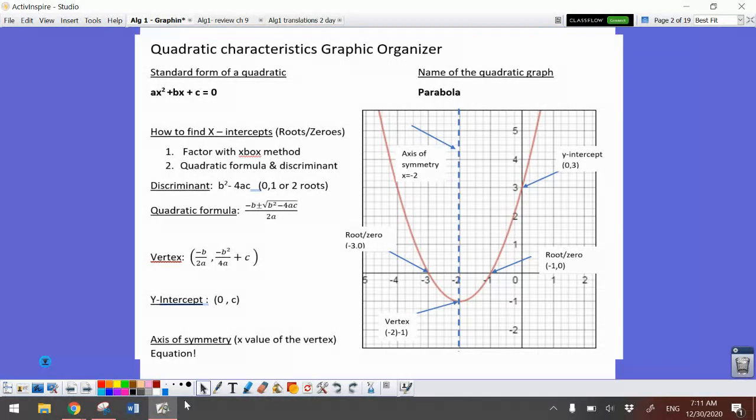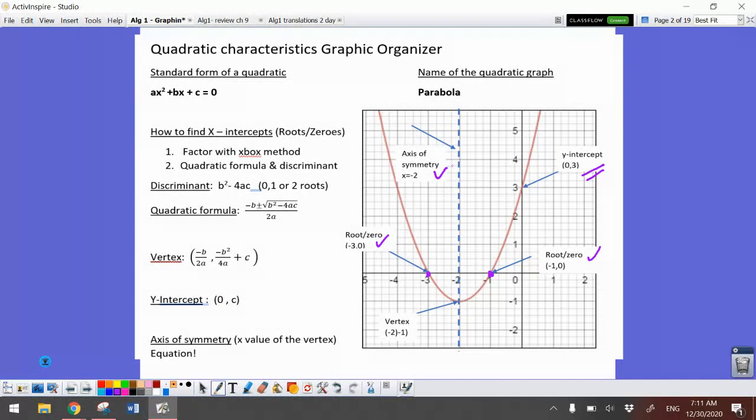So if we take a look at our picture over here, we see that we have our quadratic, and we already know that we have our 2 roots or x-intercepts. Those we've already dealt with. So these are not new. We've touched on the y-intercept in one problem earlier this week, and we've also touched on the axis of symmetry.